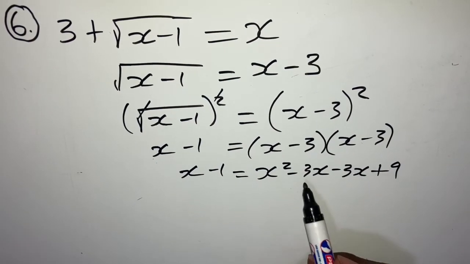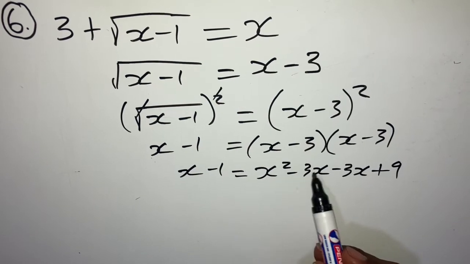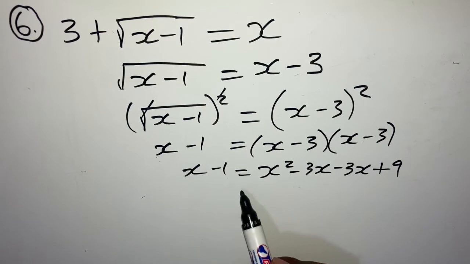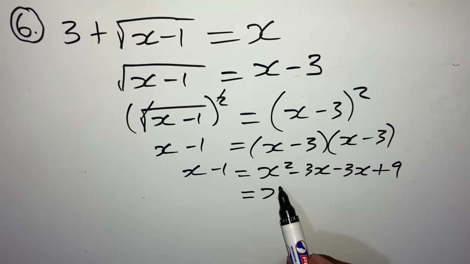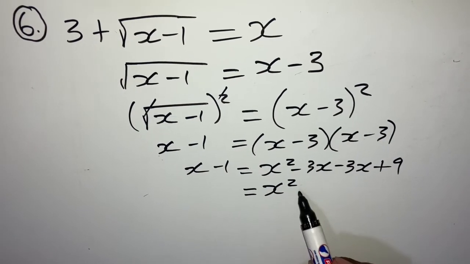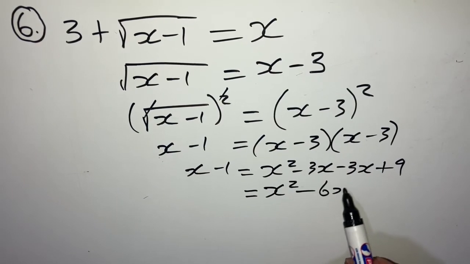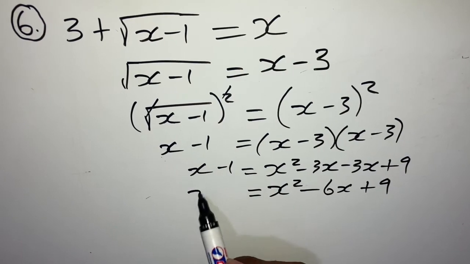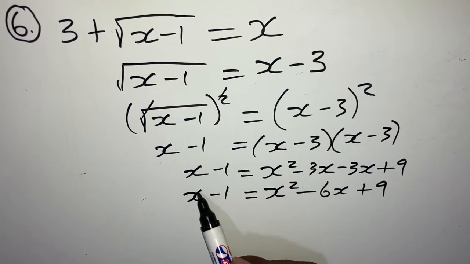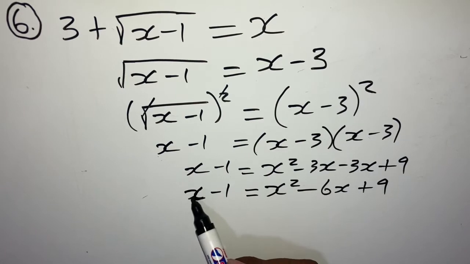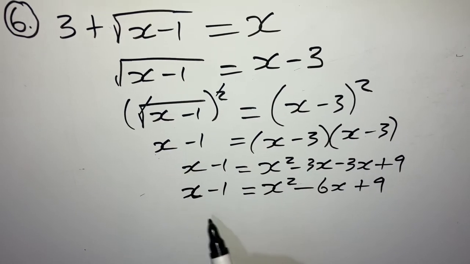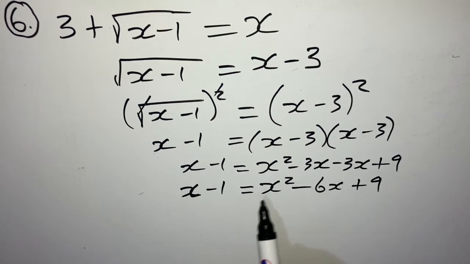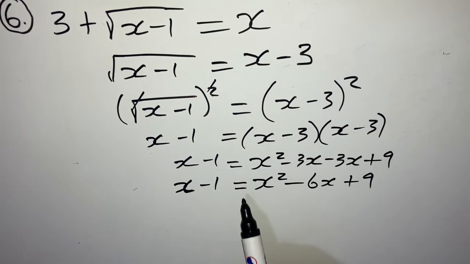Then from here, collect the like terms, which is negative 3x minus 3x. So we're going to have an x squared, minus 6x plus 9, then x minus 1. We are still going to take these to the other side so that our equation can be equated to 0.